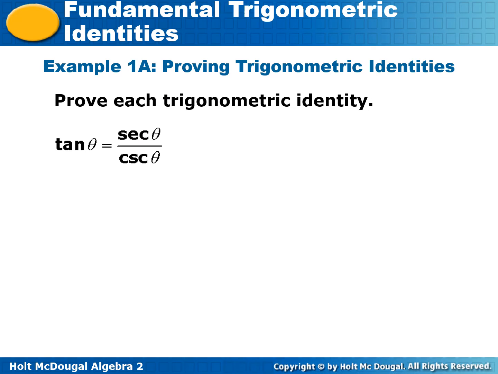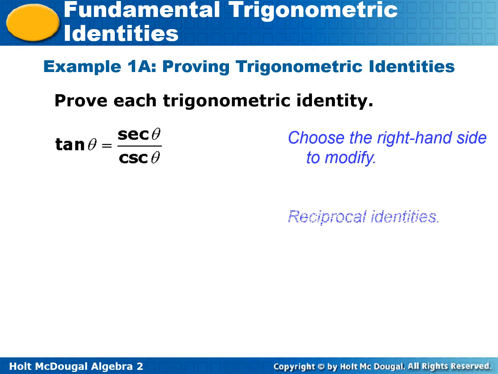So let us have example 1a. We are going to prove that tangent theta is equal to secant theta over cosecant theta. The first thing that we are going to do here is to change secant and cosecant into their reciprocal identities, which gives 1 over cosine theta over 1 over sine theta.